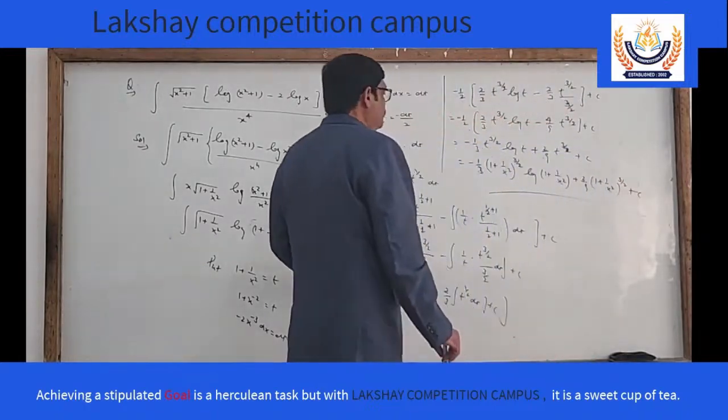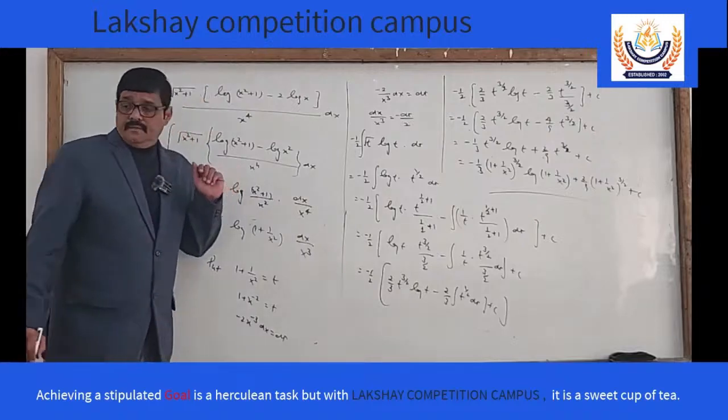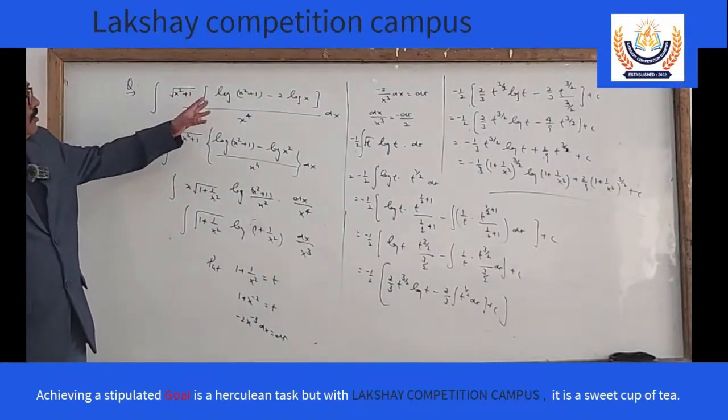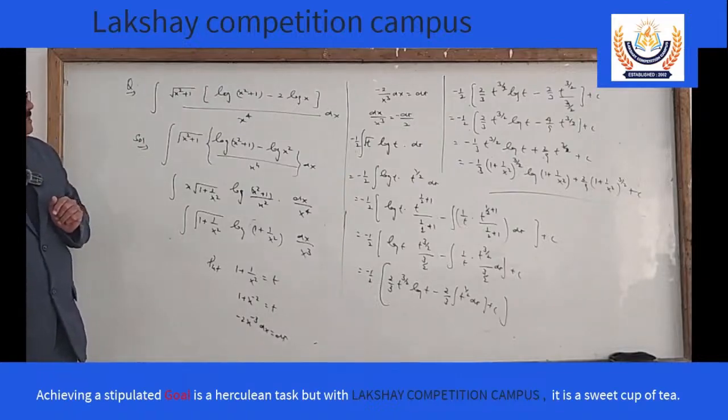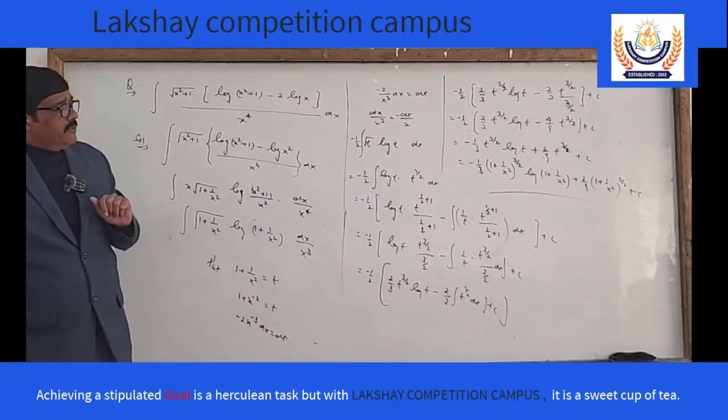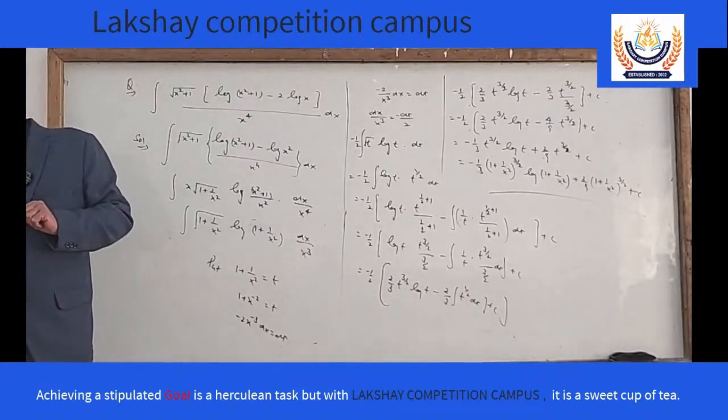So students, this is the solution of this problem. This is a very important question: x square plus 1 and root of log of x square plus 1 minus 2 log x, and complete is divided by x to the power 4, with respect to x. Clear?